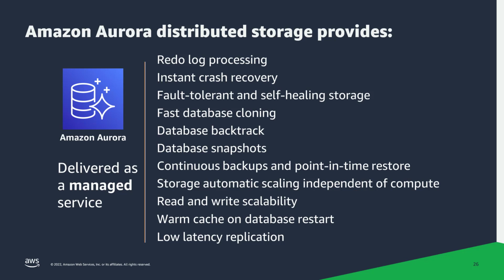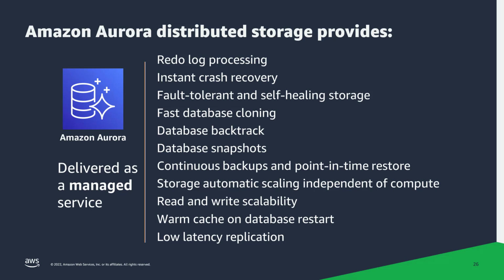The storage node continuously writes snapshots of these 10 GB storage chunks into S3 along with the logs. And in the event that you need to restore from a backup, the hundreds of storage nodes in the storage layer can simultaneously access S3 and apply the logs at the same time as well. So this allows you the fastest restore time as well.